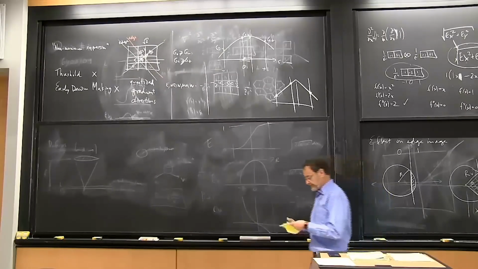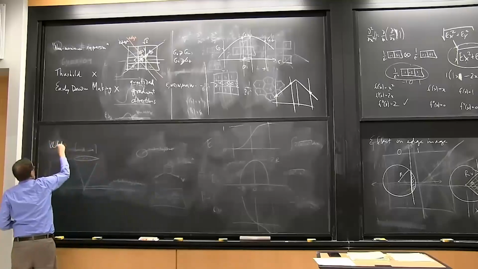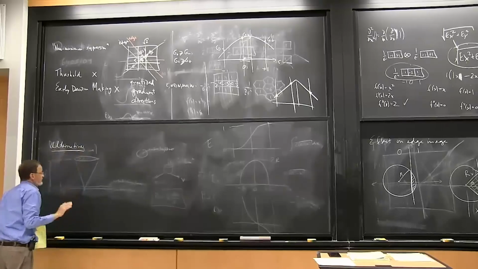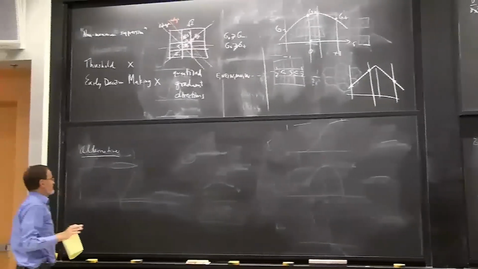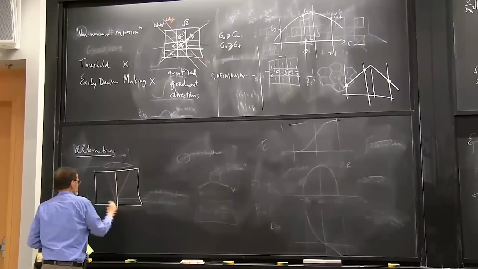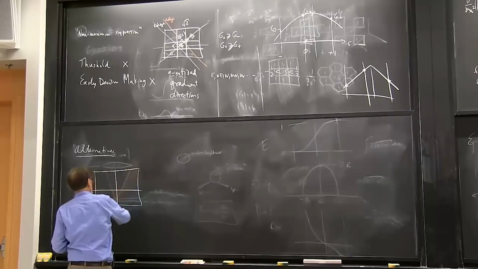So here are a couple of ways of doing it. The idea is we don't want quantized gradient directions. And so suppose our gradient is like this.